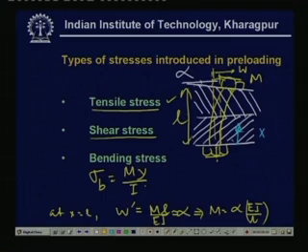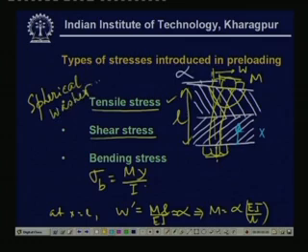This is very important because the bending stress may be very large, so that the material may fail. So, we have to ensure that these two mating surfaces are parallel, and if it cannot be ensured, then we sometimes use spherical washers.